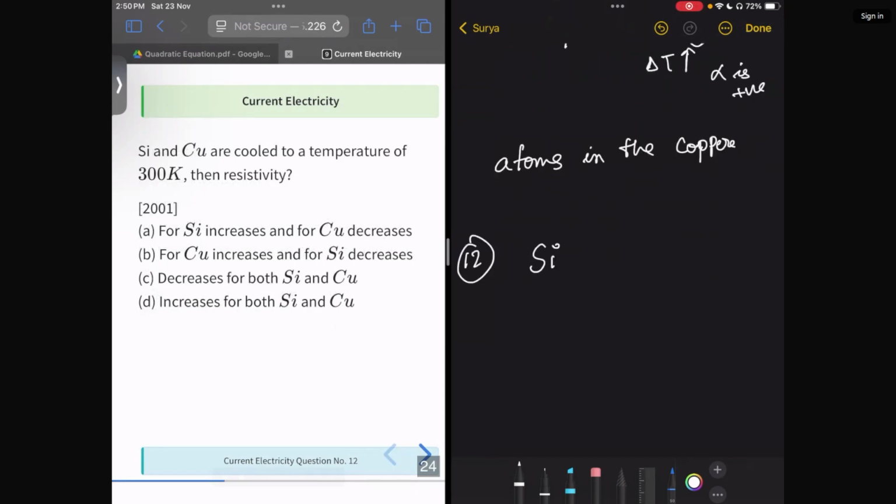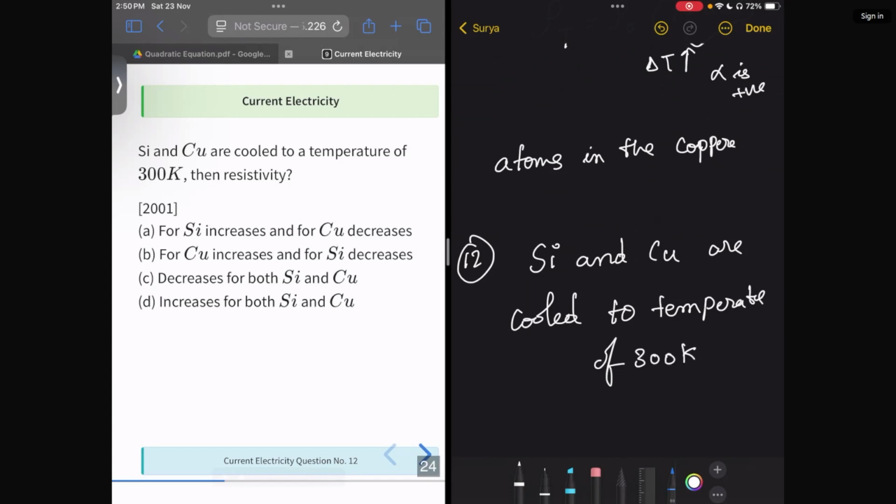Silicon Si and copper Cu are cooled to a temperature of 300 Kelvin. Then the resistivity. We already discussed, as the temperature increases, copper resistivity increases. As temperature decreases, copper resistivity decreases.